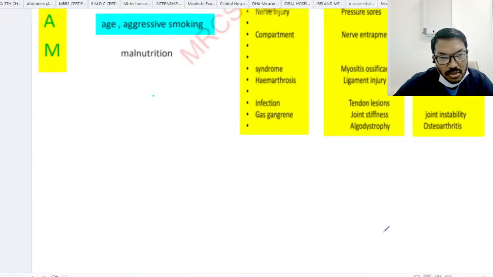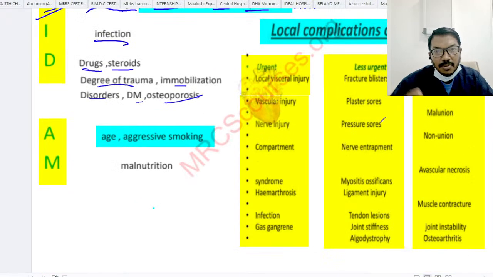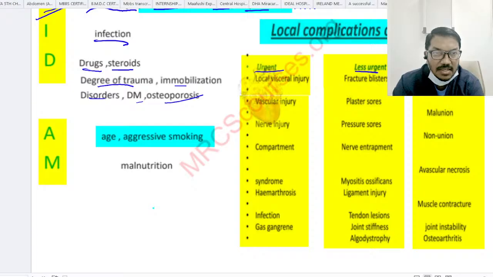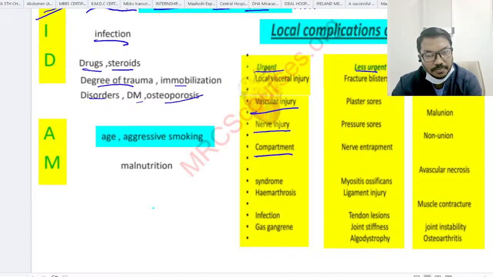Now, local complications of the fracture. There will be urgent, less urgent, and late. Late complications first: delayed union, malunion, non-union, avascular necrosis, muscle contracture, joint instability, and osteoarthritis. And immediate: vascular injury, nerve injury, compartment syndrome, hemarthrosis, infection, gas gangrene.